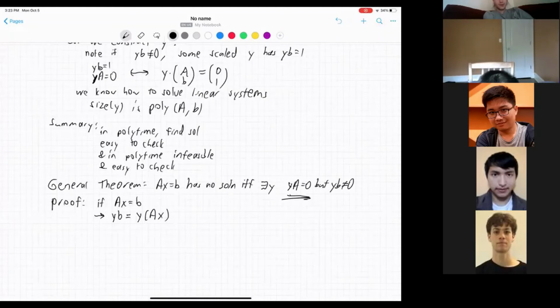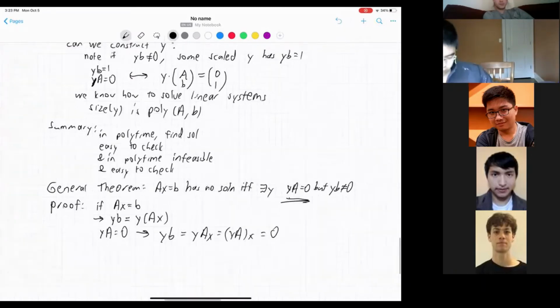So if AX equals B, then YB can be written as YAX, but then YA equals 0 will imply that YB is equal to Y times AX, which of course can be written as taking the YA part first and multiplying that by X. And that's going to be equal to 0.